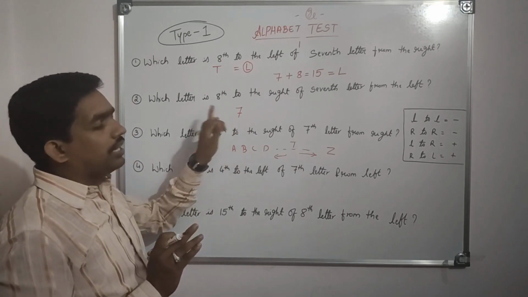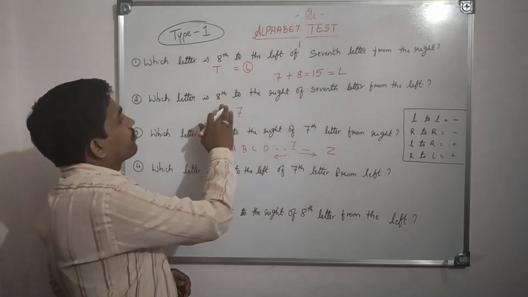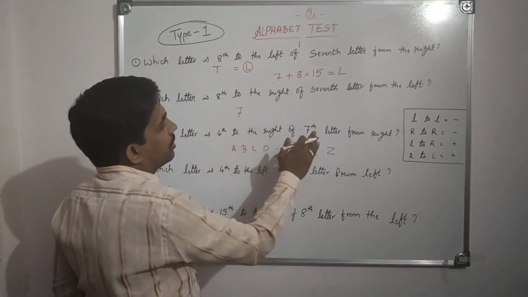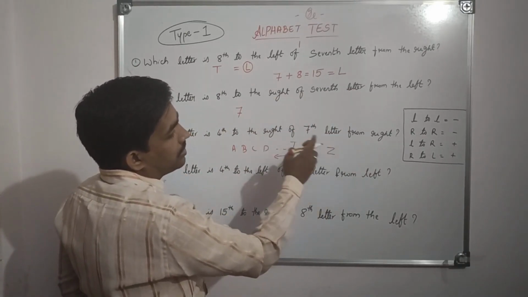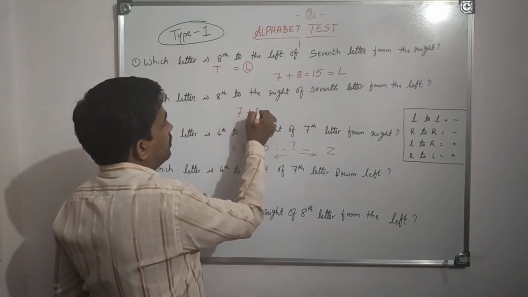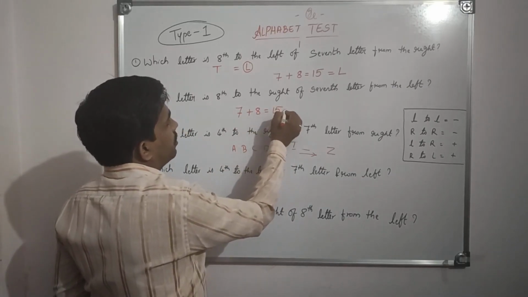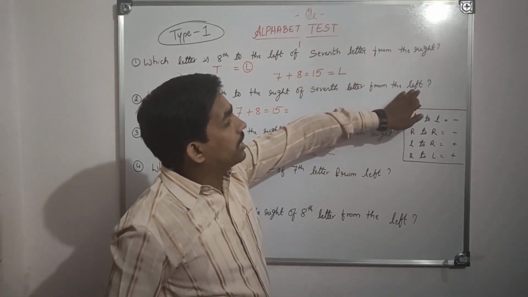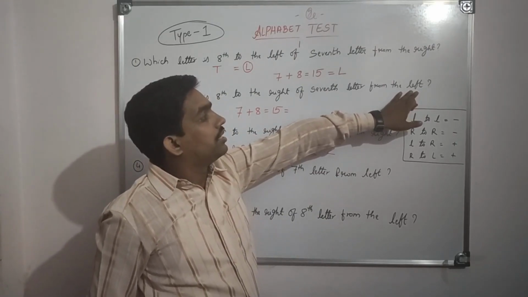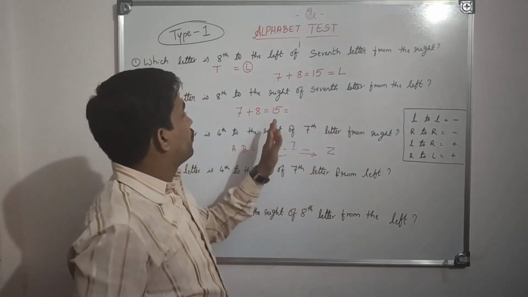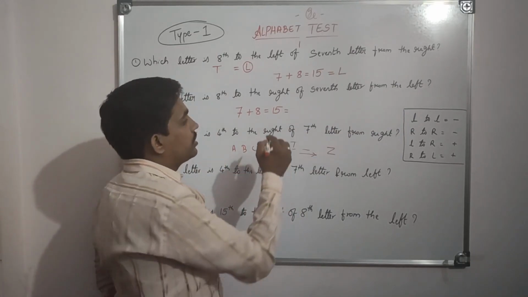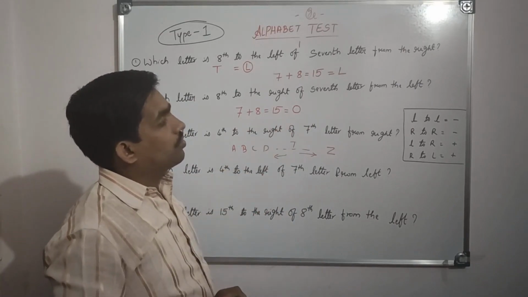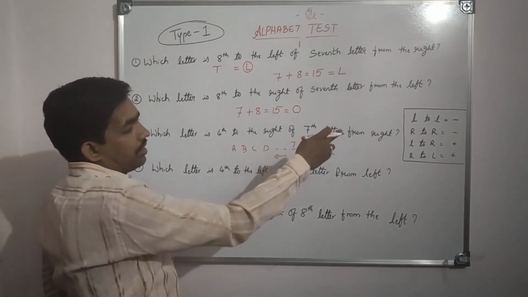We will just write here 7 from the left and 8 to the right. Left to right is plus, so 7 plus 8 is 15. So the 15th letter from the left. We always consider the last one written, left or right. The 15th letter from the left is O. So this is how we can solve by using that rule.